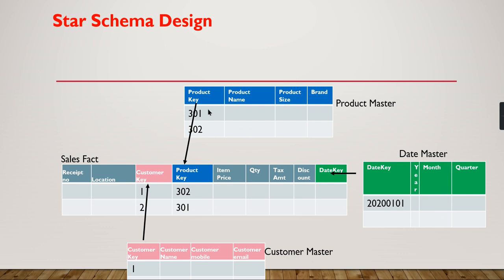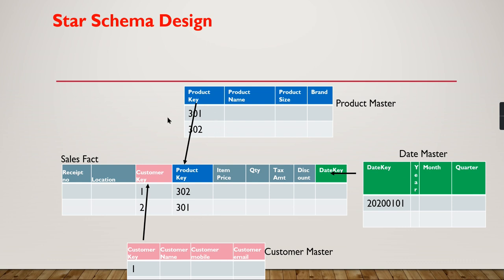Then there is a concept called surrogate key. I will explain it in detail in our upcoming videos. So you will create technical keys here, and those keys will be referred to here. Typically this can be some biscuit, and this can be a chocolate, so these product names appear here. You will not store biscuit and chocolate.